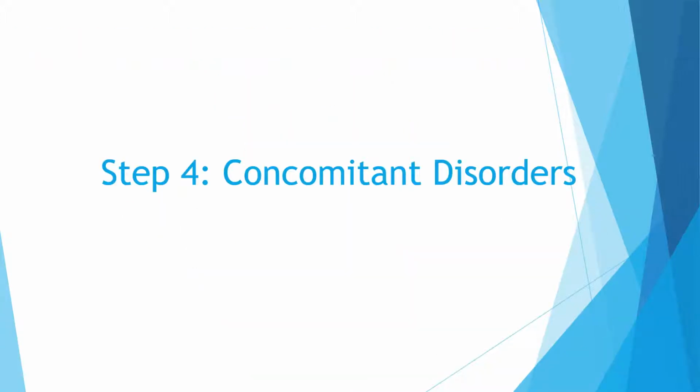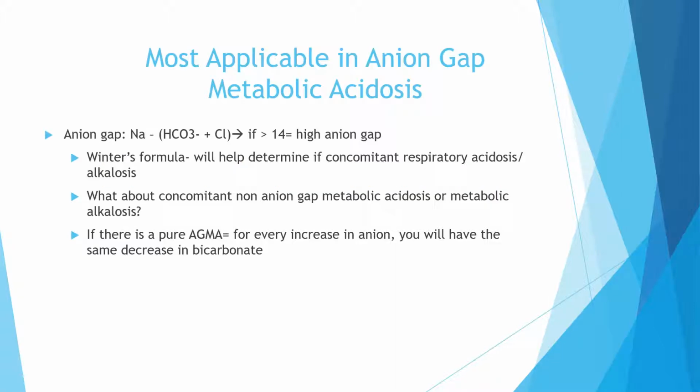So once you determine compensation, you want to see if there are any concomitant disorders. This is most applicable in an anion gap metabolic acidosis. Once you determine if you have an anion gap, you will use Winter's formula like we talked about. And Winter's formula will help us determine if there are any concomitant respiratory acidosis or alkalosis if your CO2 is not what is predicted.